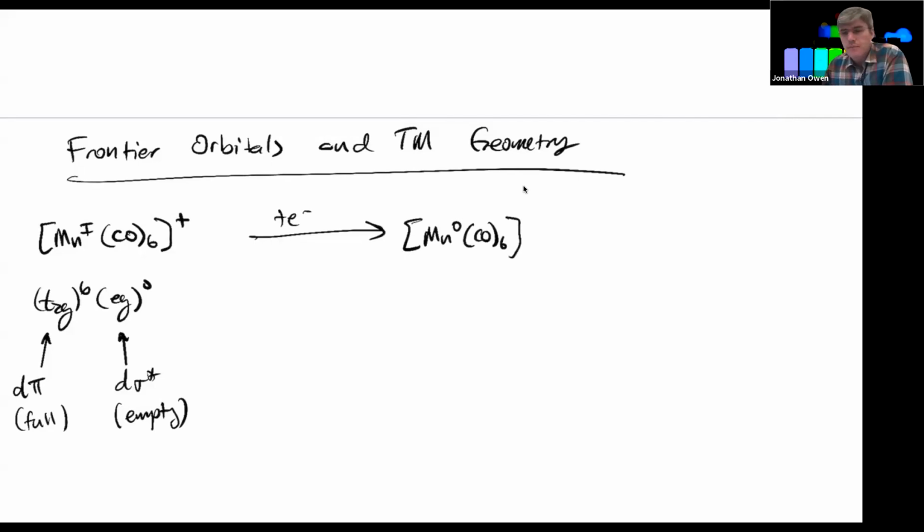So now we go to manganese(0) hexacarbonyl. And this guy, t2g6 eg0, also low spin. This thing loses a carbon monoxide.